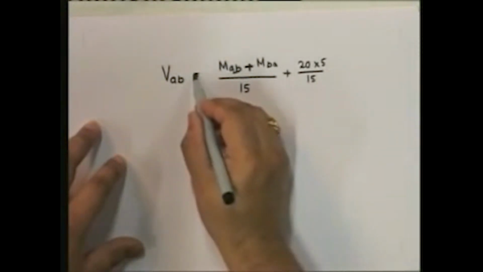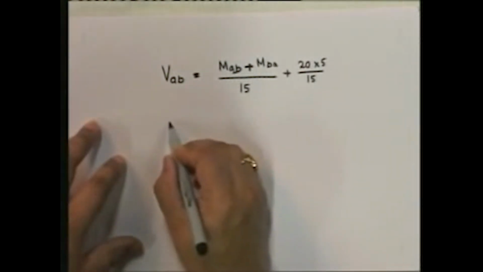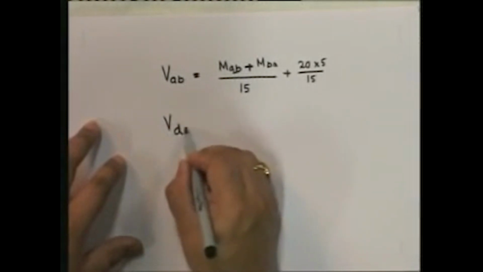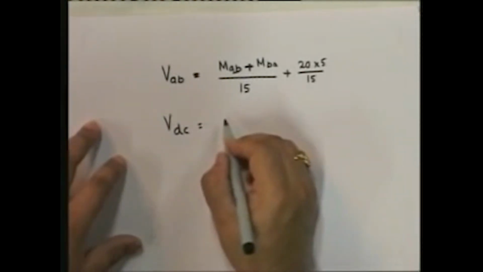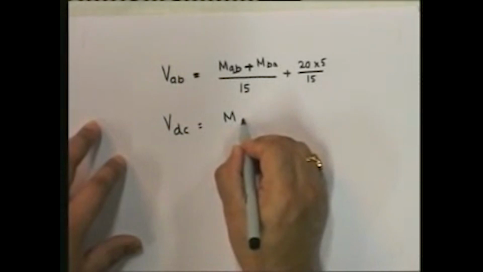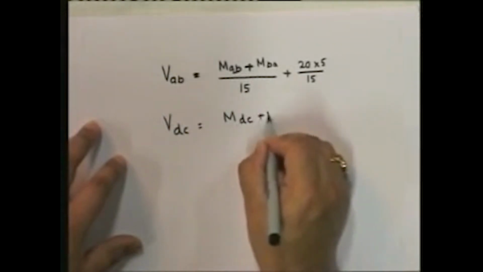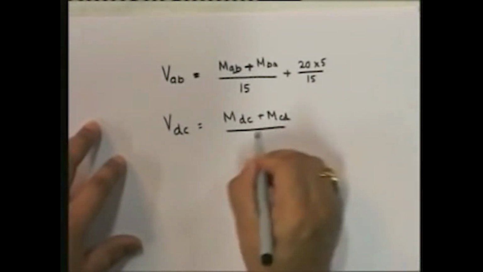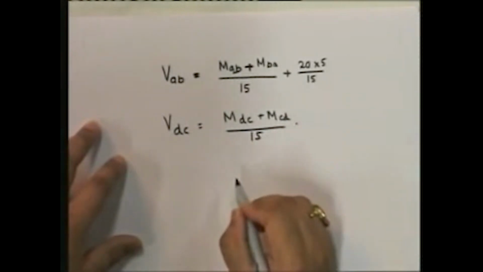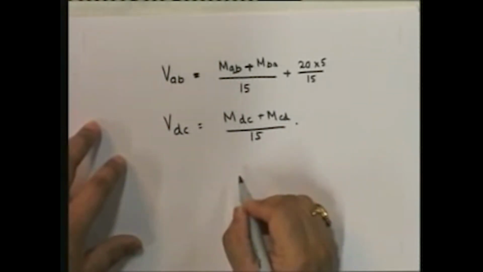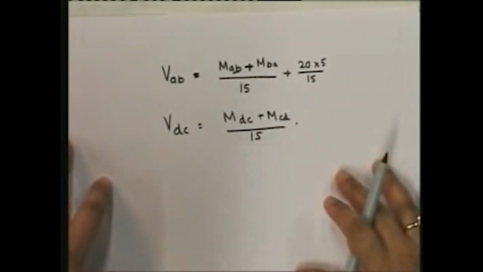Okay, so that's going to be VAB, and then VDC is just going to be equal to MDC plus MCD upon 15. Okay, and you know MAB, MBC.